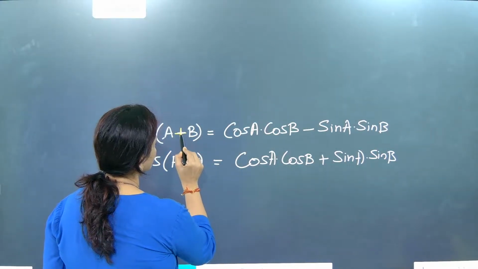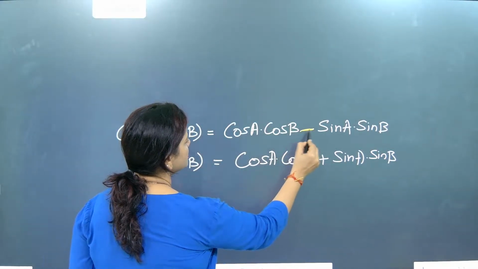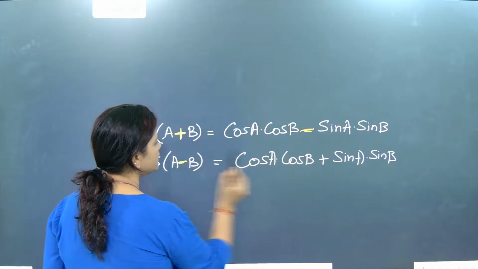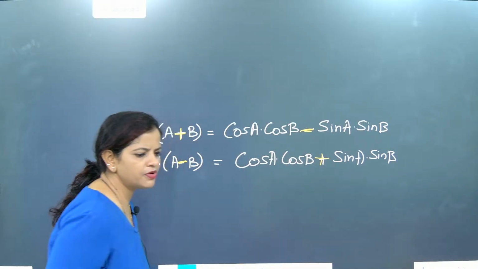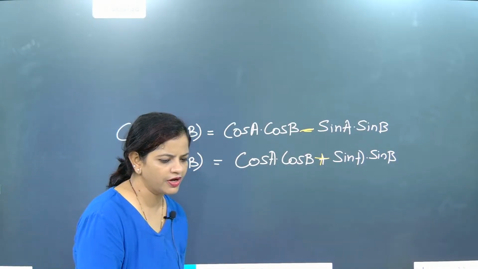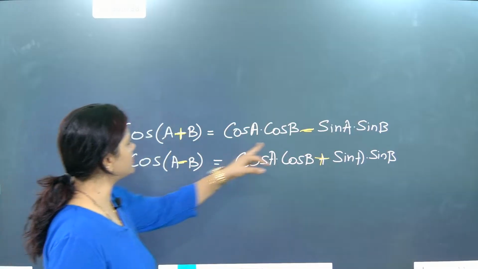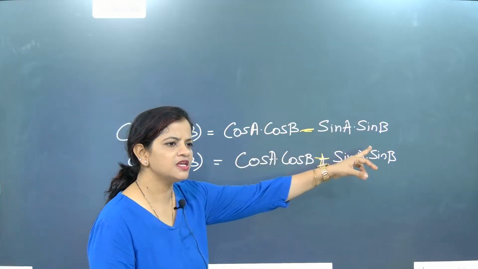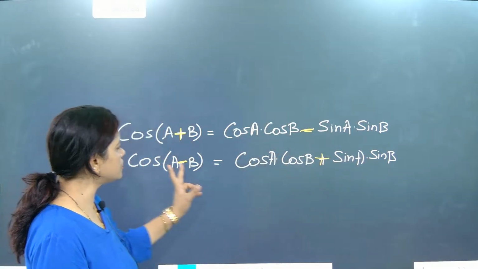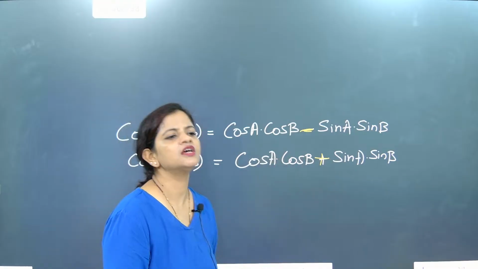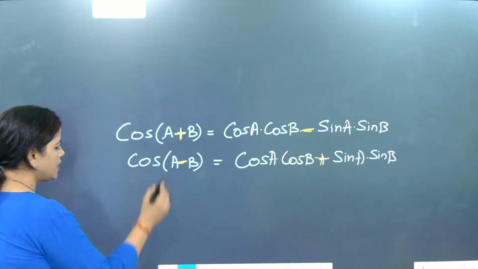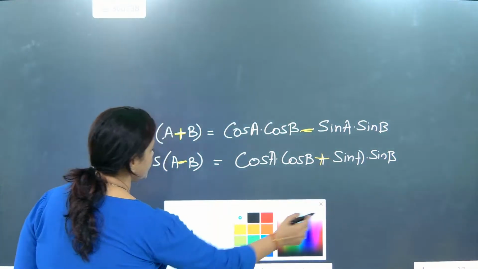Just remember, plus means minus, minus means plus. Otherwise you will do it wrong. I know that cos of A plus B will become cos A cos B minus sin A sin B, and cos of A minus B is cos A cos B plus sin A sin B.